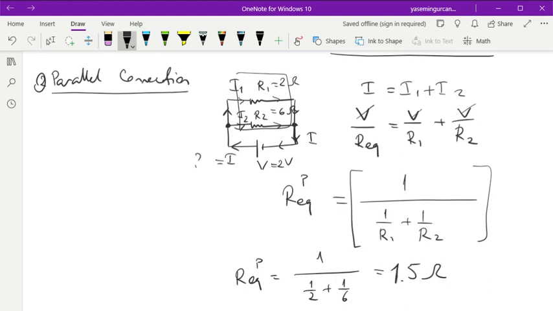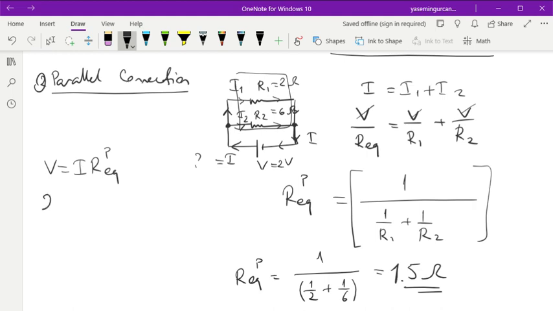So again, you will do this with a calculator. Be careful, put proper parentheses, or just do the calculations step by step, so you don't get wrong answers. Try to repeat these calculations yourself with the calculator so you know that you're getting it right. Once we have the R equivalent, we can use Ohm's law again for the whole circuit by using it for the total.